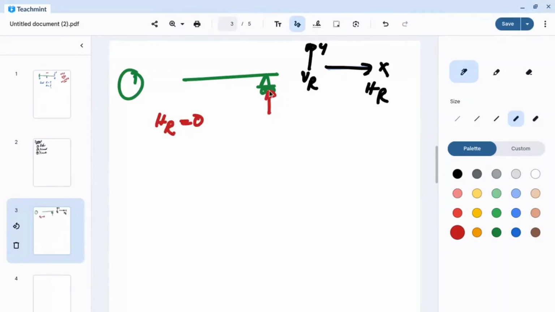Because of the constraint, there is a reaction. So in roller support there is only one reaction, that reaction is vertical, in the y direction, called VR, vertical reaction.